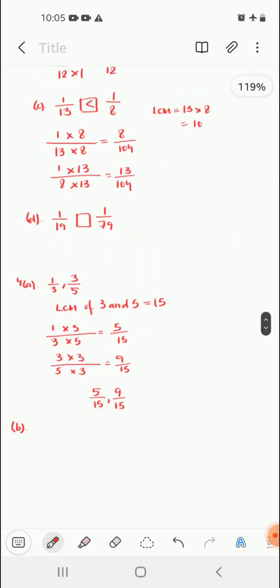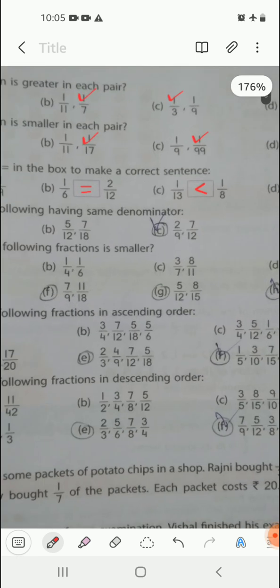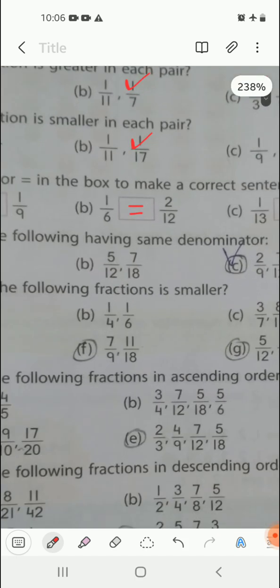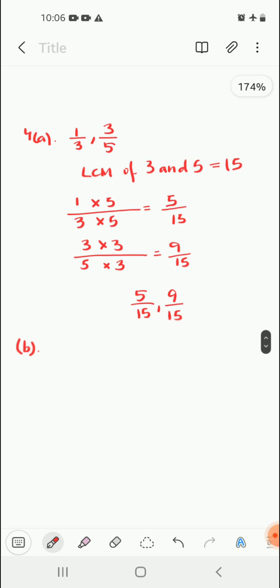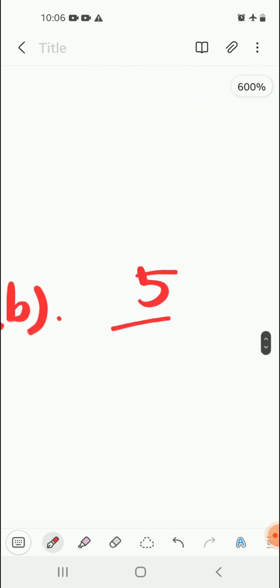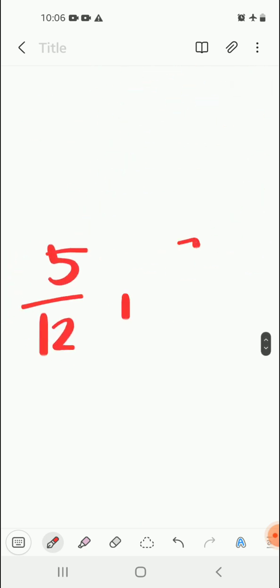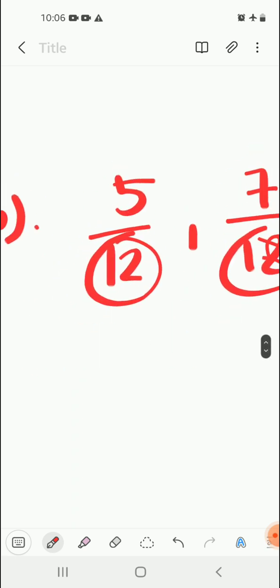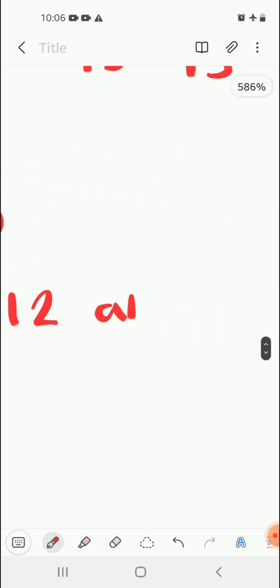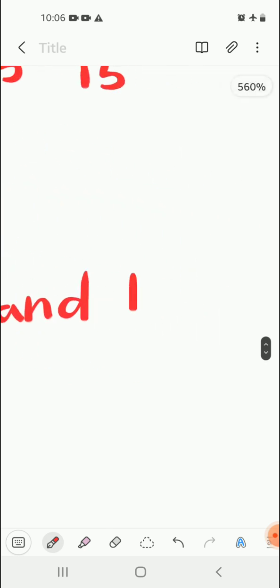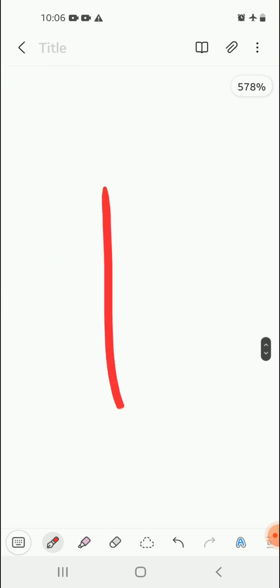Moving on to 4b. See, we are given 5 by 12 and 7 by 18. The first step is the LCM of 12 and 18. So let's find the LCM of 12 and 18. We will do it here.